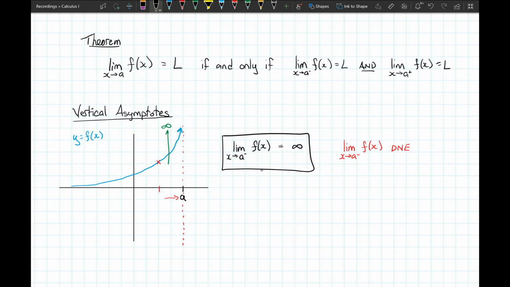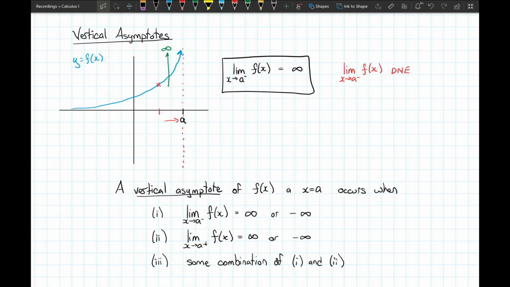We could either have vertical asymptotes as we go off the graph upwards to infinity, or off the graph downwards, in which case we would say negative infinity. So we define a vertical asymptote of f of x at x equals a whenever we have one of a few situations.